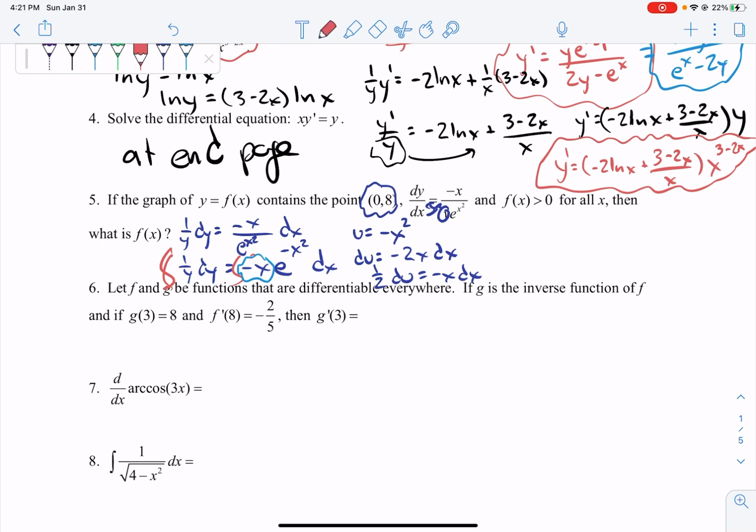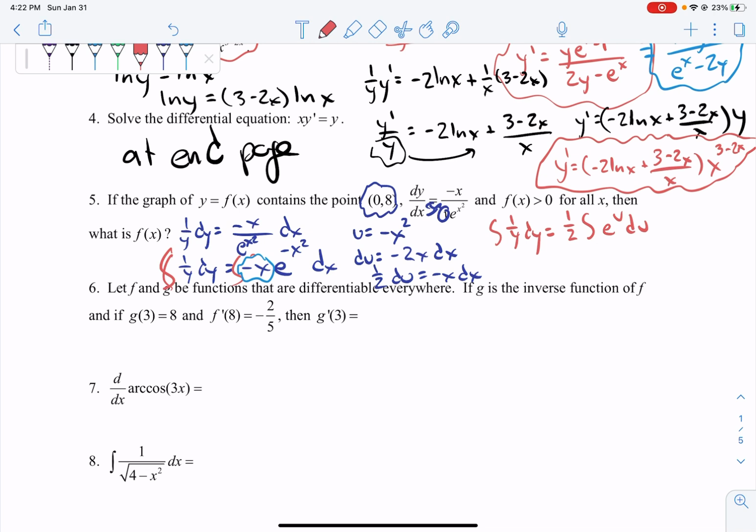So on the left-hand side, I still have the integral of 1 over y dy. But that's going to equal, I'm going to plug in my u substitution. So 1/2 integral, instead of the negative x, that goes away. And I get e to the u, and I get du. So that's cleaned up a whole bunch.